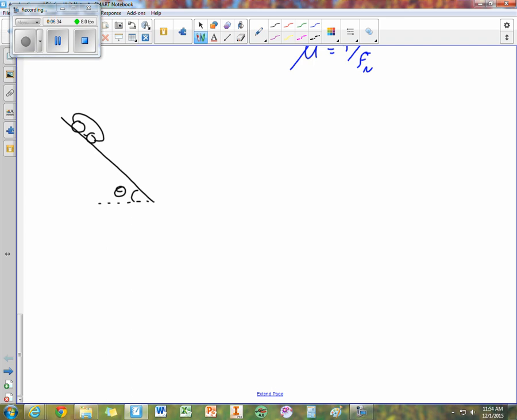To answer this, we have to start with a free body diagram. Looking at the forces on this car, there's going to be a gravitational force acting on the car. There's going to be a normal force, because it's on a hill. And what we're interested in is the maximum static friction between the tires and the road.